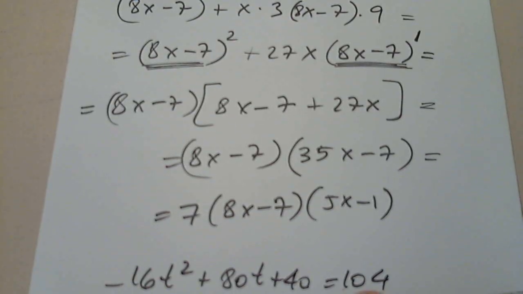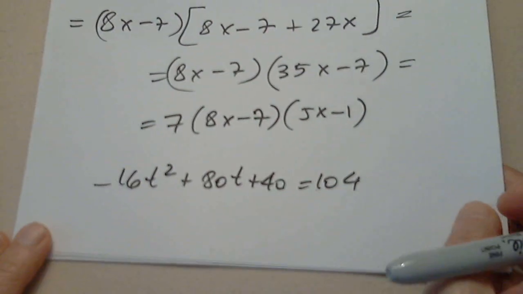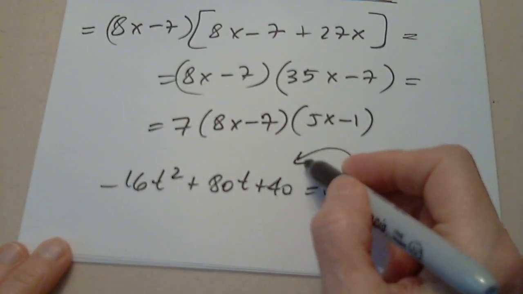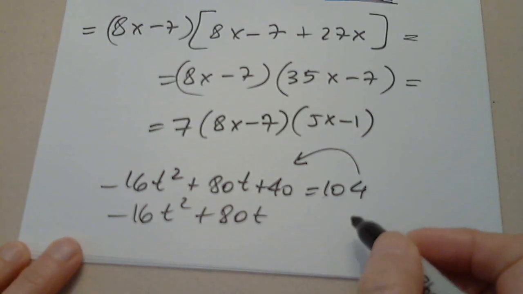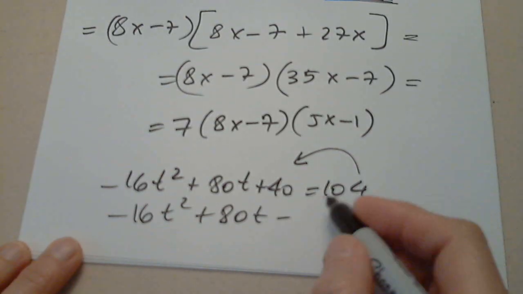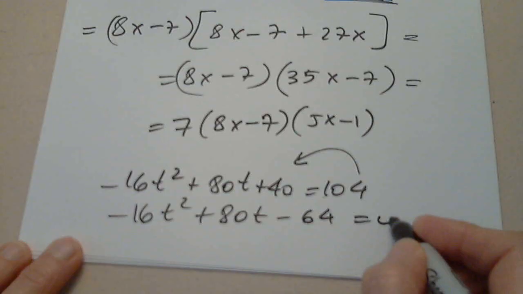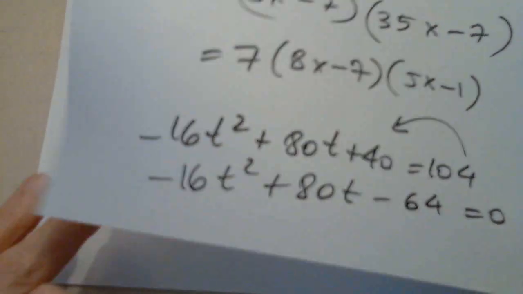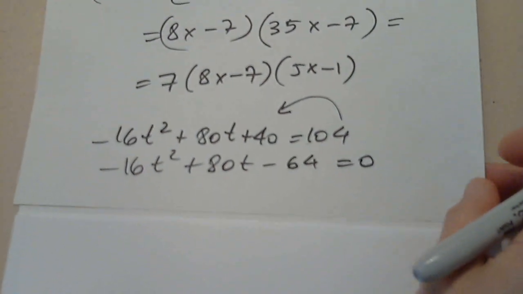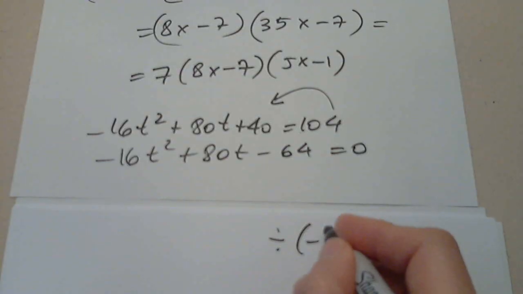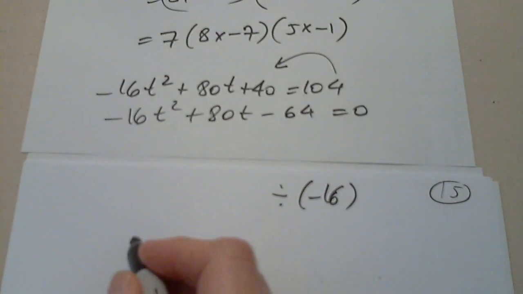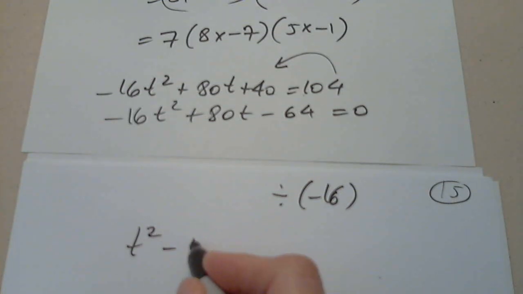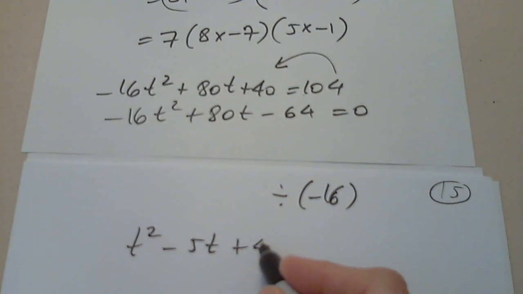So of course we have to move 104 to the other side: −16t² + 80t − 64 = 0. Of course, I will clean it up, as I like to say. I will divide both sides by −16, absolutely, immediately. So I get t² − 5t + 4 = 0.